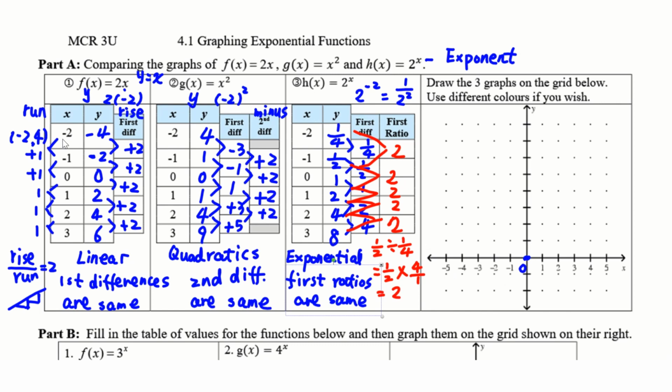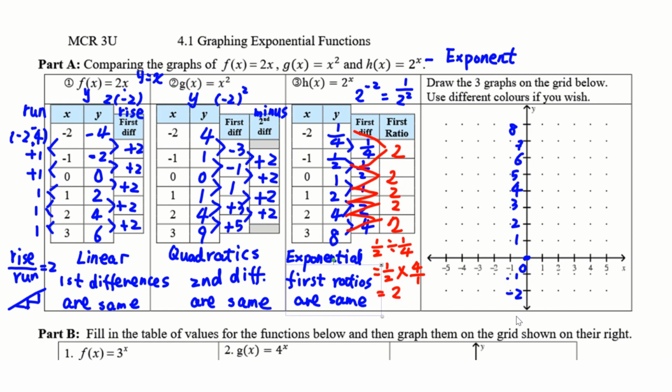So -2, -4 is out of the grid. Then we pick the next point, -1, -2.